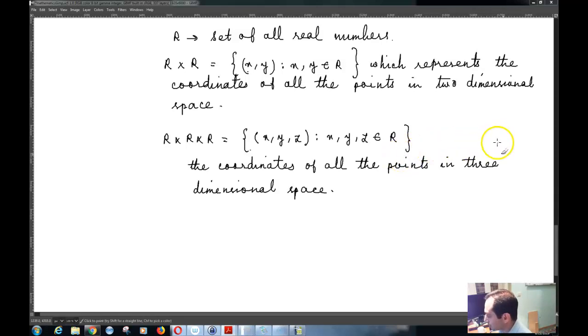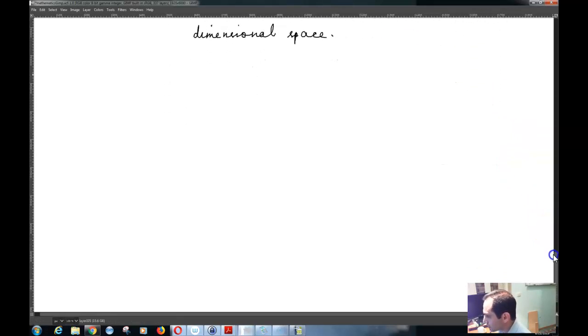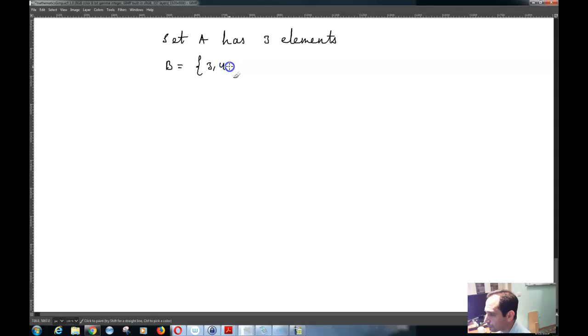Now as another example, let's say that you have some set A. Set A has 3 elements, and set B is equal to 3, 4, and 5.